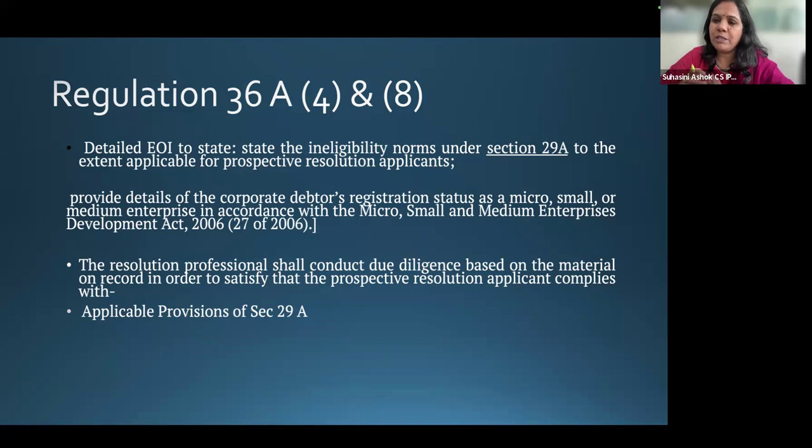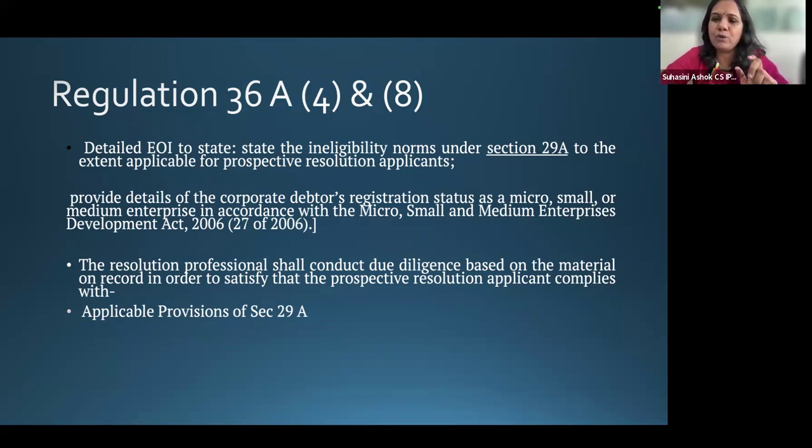One is whether you have Section 29A compliance. Have you done the diligence? And there is a format prescribed where the RA has to give his Section 29A compliance certificate. So along with the resolution plan approval application, you will file this mandatory attachment.